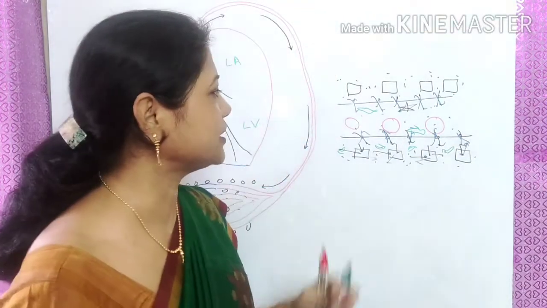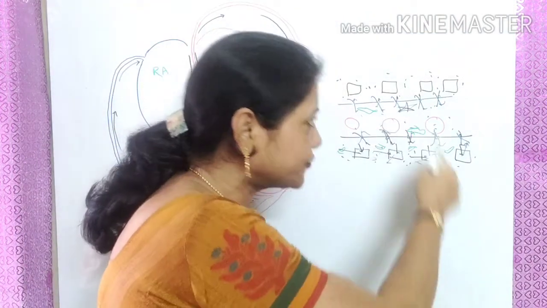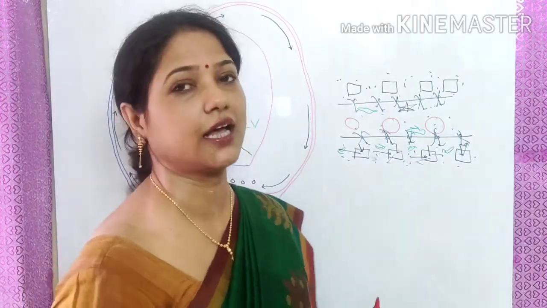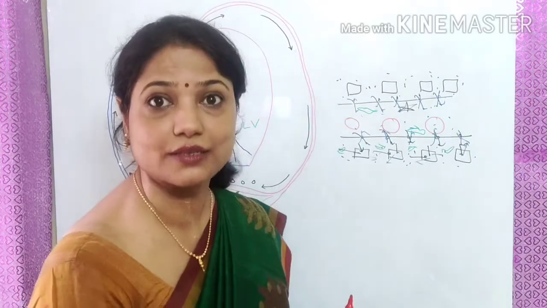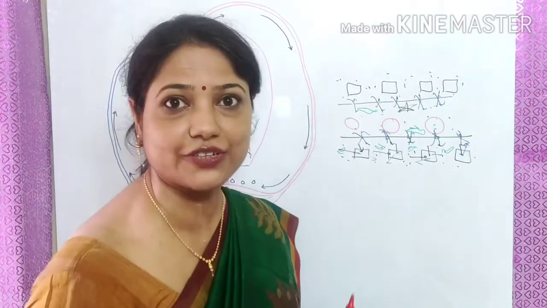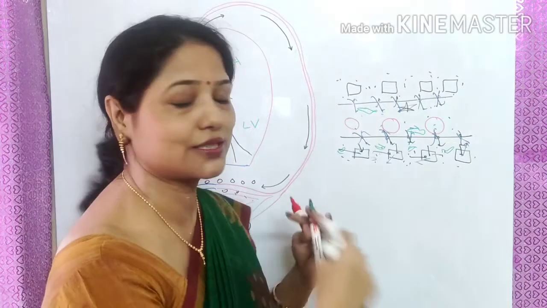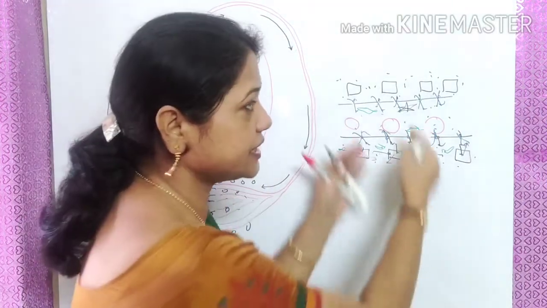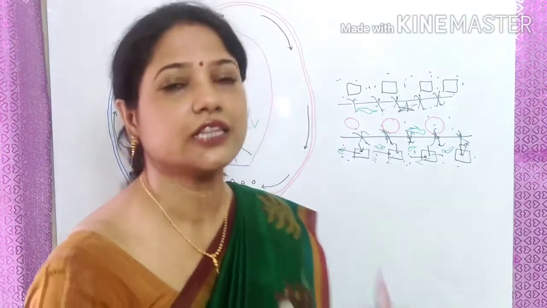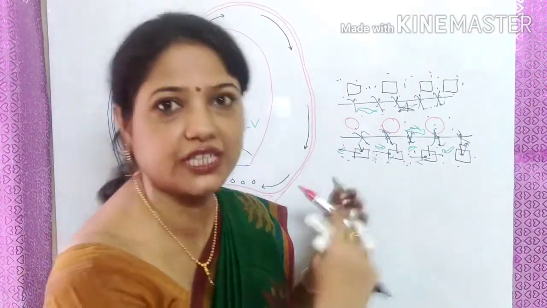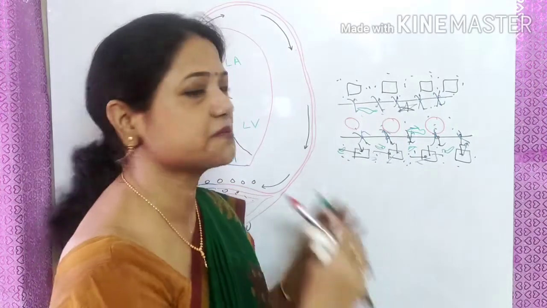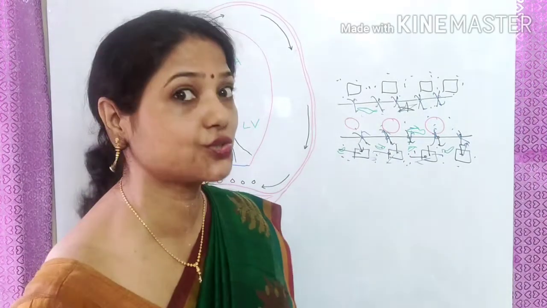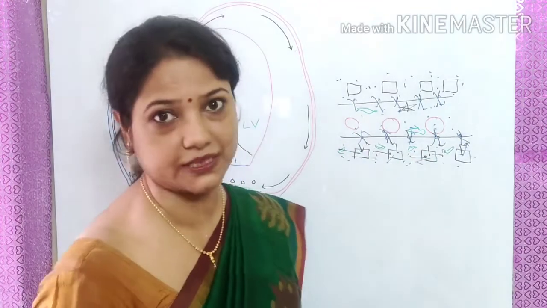Now what happens actually, when the tissue fluid which comes out from the blood capillaries containing oxygen and nutrients, after exchanging material with the tissues, re-enters into the blood capillaries containing carbon dioxide and nitrogenous waste material, the amount of tissue fluid which re-enters the capillaries is much less than the amount which comes out from the blood capillaries.